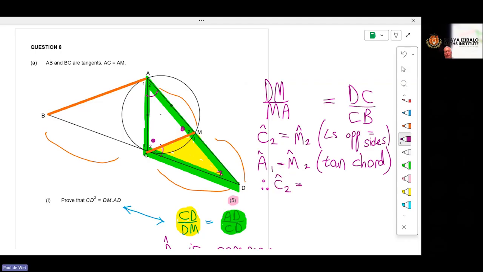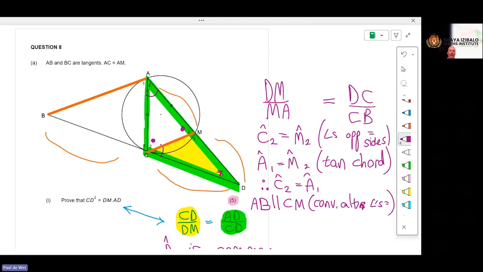C2 is equal to A1. And now what? AB parallel to CM, converse of alternate angles are equal. Okay. All right, well done. Remember, guys, if the lines are parallel, the alternate angles are equal.